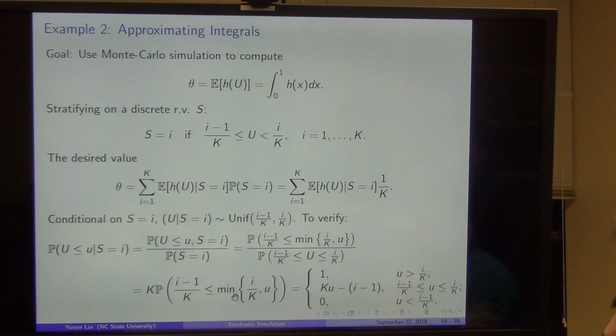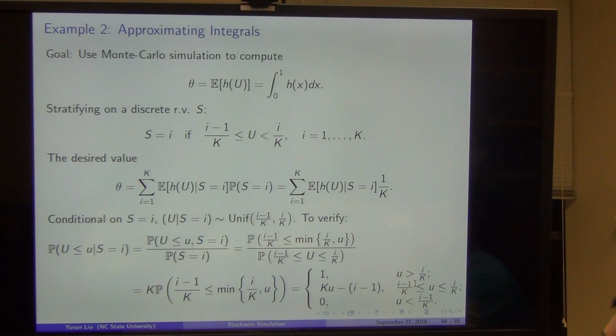So you can easily compute that this probability, the correct version of it, is going to be the difference between this quantity and this quantity. You can easily show that this is equal to this, and that is exactly the CCDF of a uniform random variable within this interval. It's one when you're beyond this point, 0 on the other side, and a linear function within the interval, right?